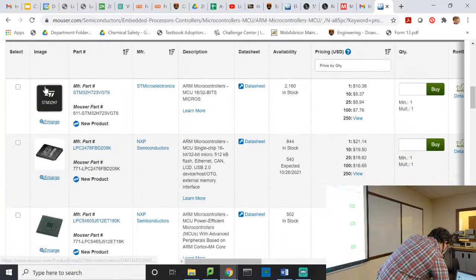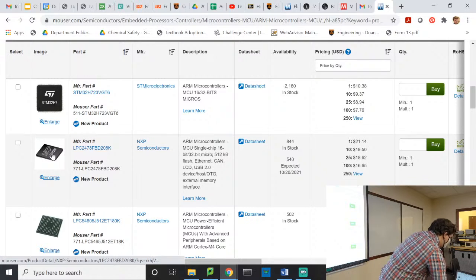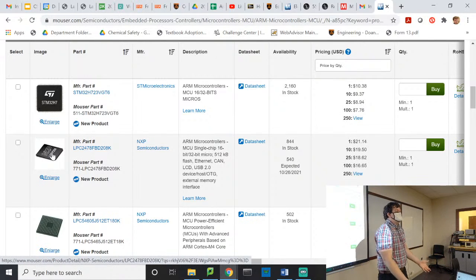Mounting styles are often related to, okay, so now you have this chip. How do you access each of the pins on it?